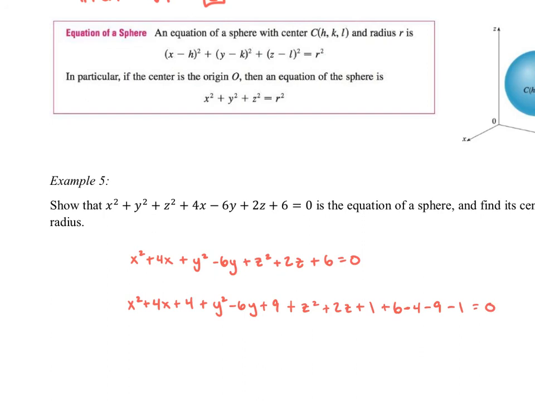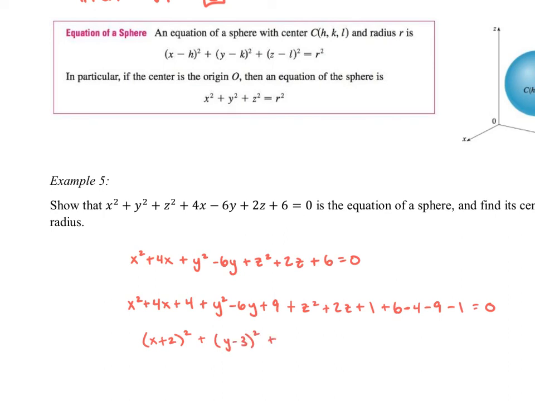Okay, here's the whole reason why we did that. If we take x squared plus 4x plus 4, this perfect square trinomial, we can write that as x plus 2 squared, which is exactly the goal. And if you look up at our equation for a sphere, that's the setup that we're looking for. For y, we have y minus 3 squared.